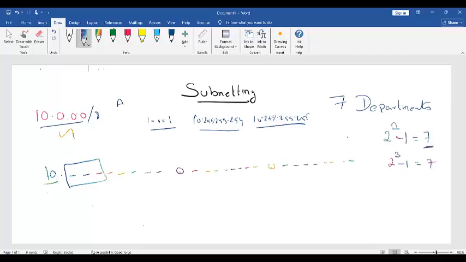So for 7 departments, I want 7 subnets. For 7 subnets, I need to give just 3 bits. I can make this one single network into 7 subnets. If I give 3 bits for networking, I can make that one network into 7 networks.